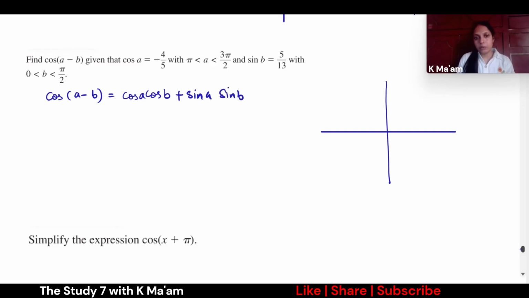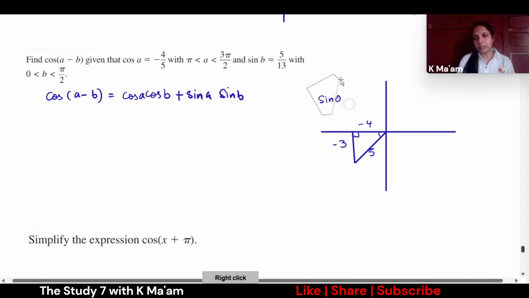Okay. We are provided cos A as negative 4 by 5. So it is this. Negative 4 is this, 5 is this. So you will see this is negative 3. So in that case, sine of theta, it is in the third quadrant.